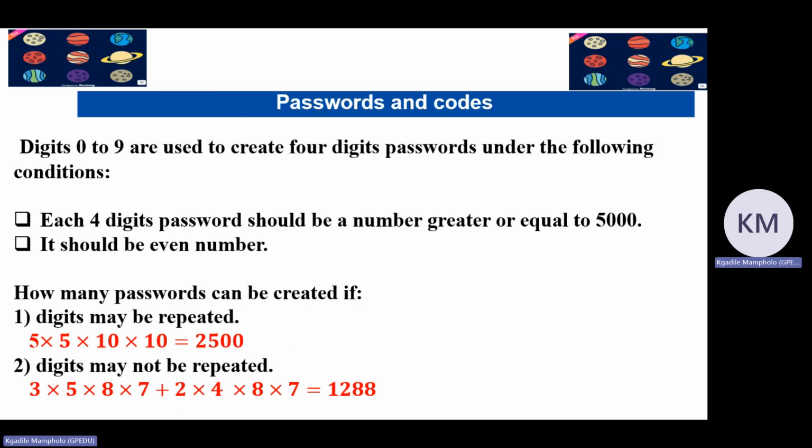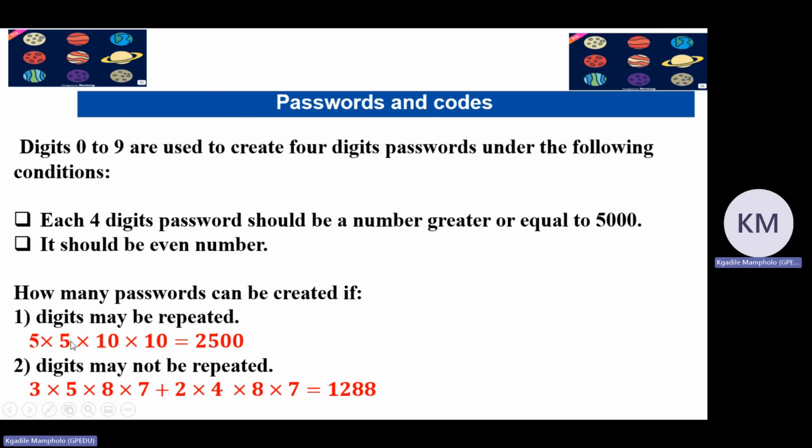So this 5 represents the numbers that can possibly be at the beginning, which is 5, 6, 7, 8, and 9.